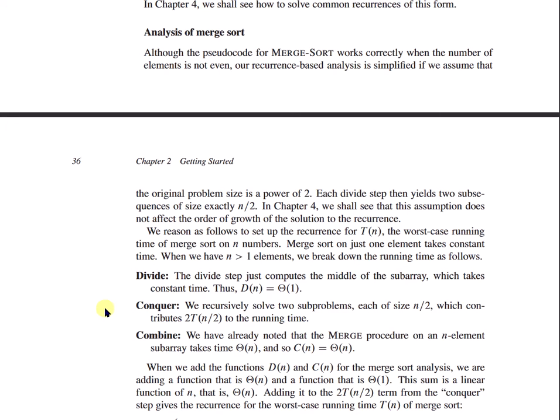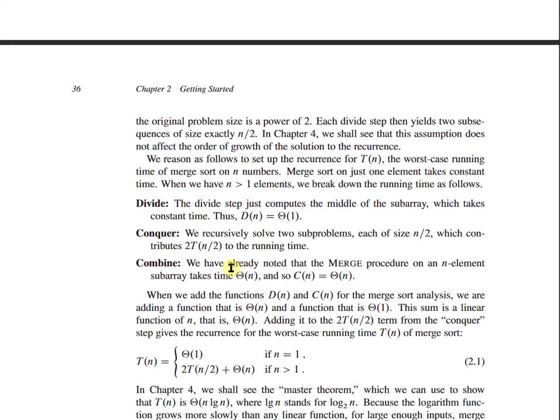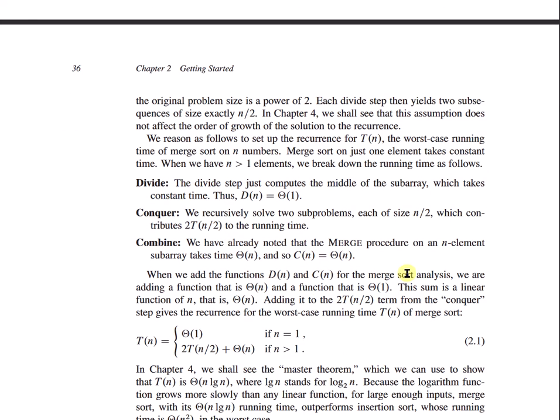Merge sort on just one element takes constant time. When we have n greater than one elements, we break down the running time as follows. The divide step computes the middle, which takes theta of 1. Recursively solve two subproblems, each of size n by 2.